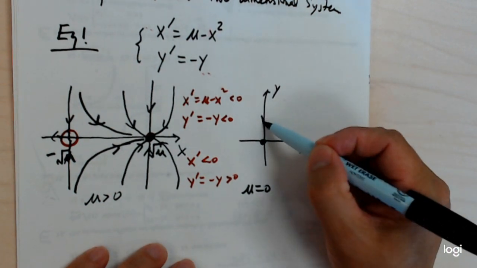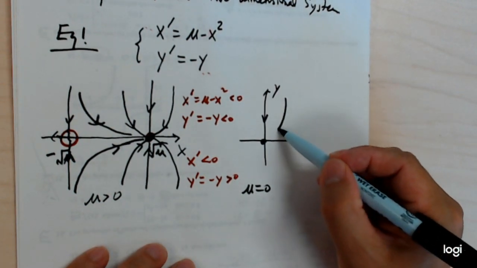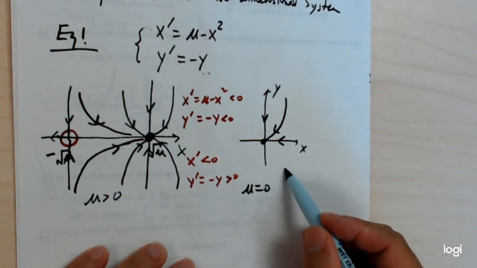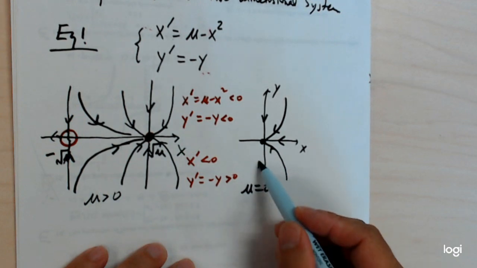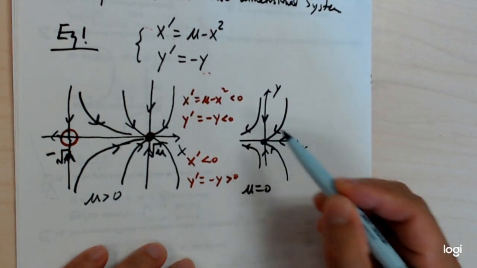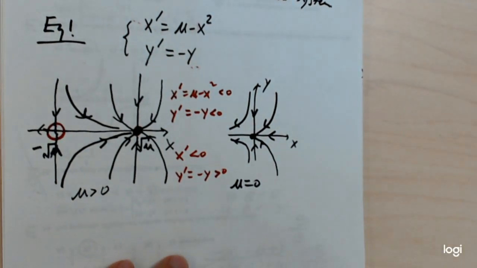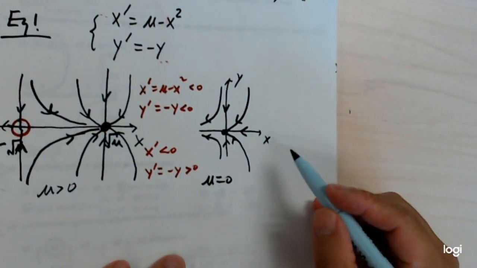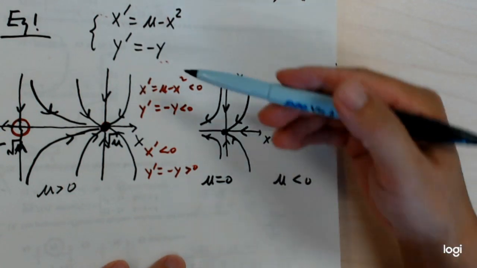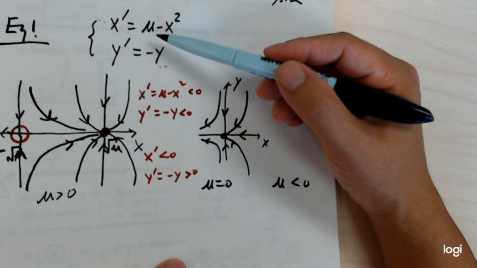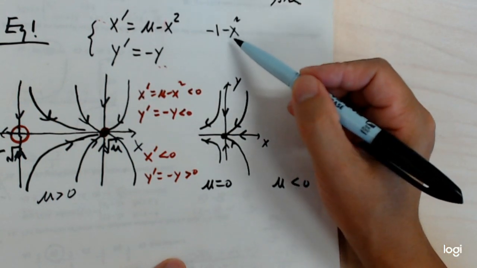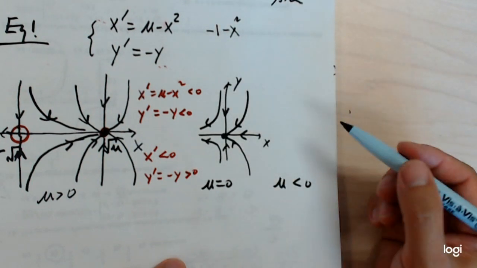You can also do phase line analysis, phase portrait analysis. This is how the phase portrait looks. But when mu becomes negative, did you notice that there won't be any equilibrium? For example, -1 minus x squared. There won't be any x that makes this equal to 0.